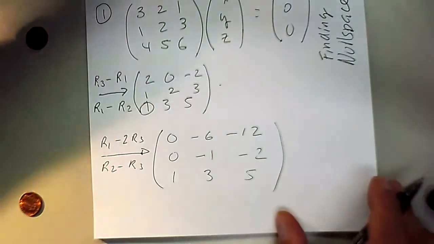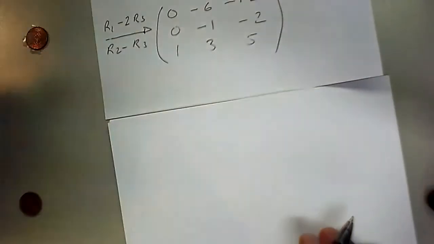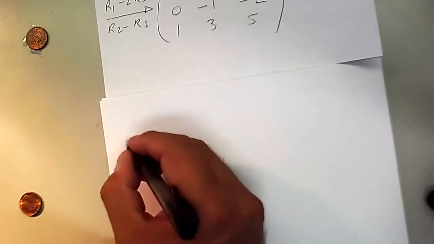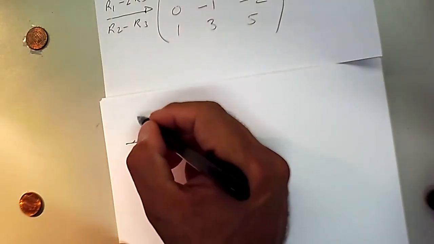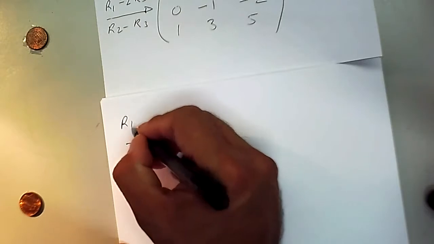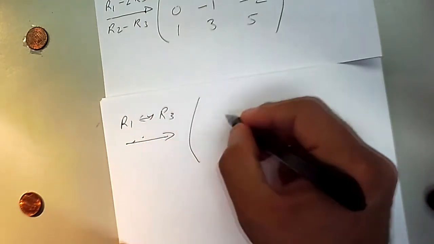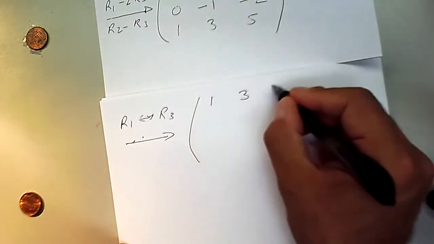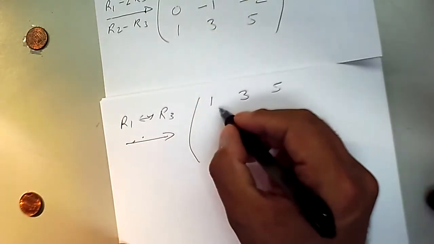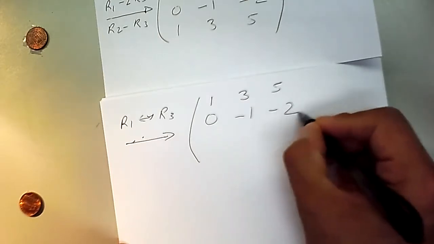And then we can arrange the rows. So continuing the process down here, we're going to take row 1 and exchange it with row 3 so that the pivot goes on top: 1, 3, 5. Keep the second row as is.